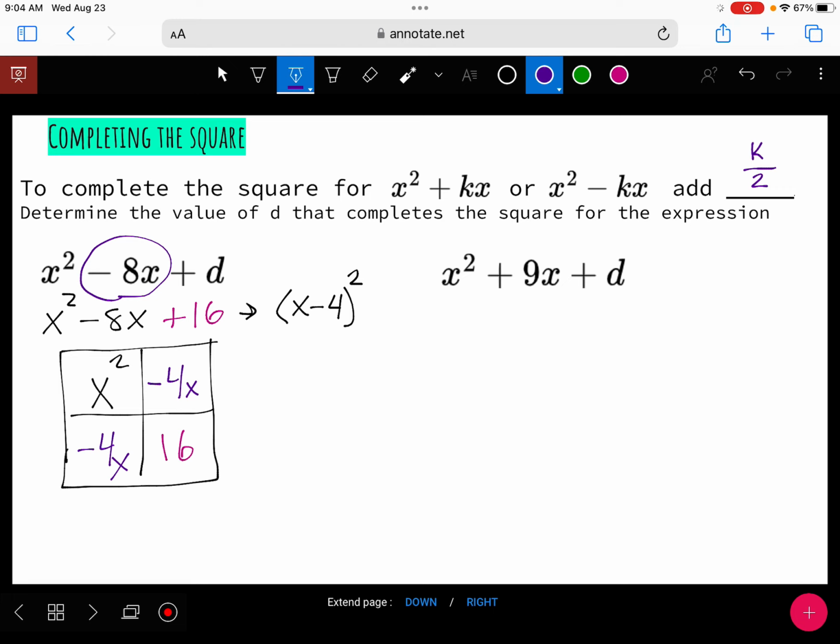Divide it in half because we split it into our 2 equal terms. And squared. So how we took that -8, we cut it into 2 pieces to put it into our 2 boxes, and then we squared it. So k over 2 squared is what we're looking at here.